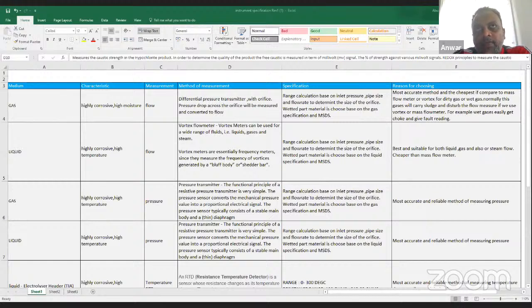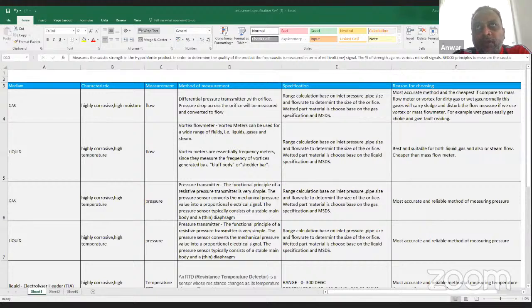And then the material of construction of the pump on the wetted area, which is basically the pump casing and also the pump impeller. As I mentioned just now, go back to the SDS of the stream that you have.